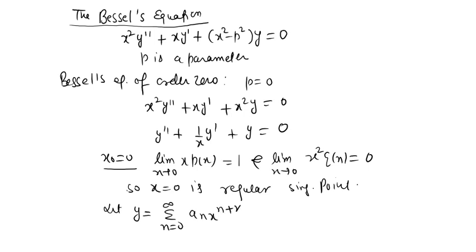Okay, so the sum of a_n x power n plus r. So plug in all values in the given equation: x square y double prime plus xy prime plus x square y. So substitute y double prime, y prime and y, and simplify. So we got first, writing n equal to 0 to infinity, x square y double prime, so (n plus r)(n plus r minus 1) a_n x power n plus r.